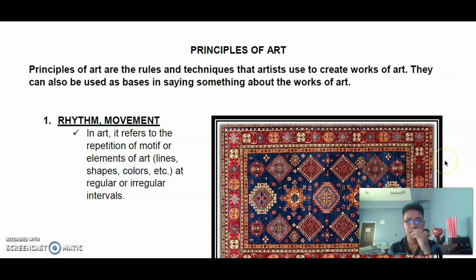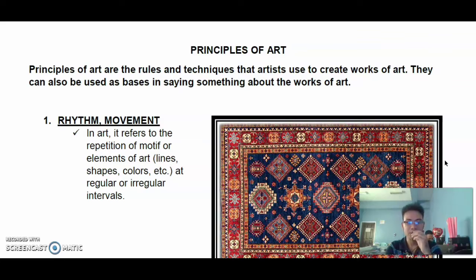Okay, so let's have the principles of art. When we say principles, these are the rules and techniques that artists use to create works of art. They can also be used as a basis in saying something about works of art. We have the first one, rhythm and movement.